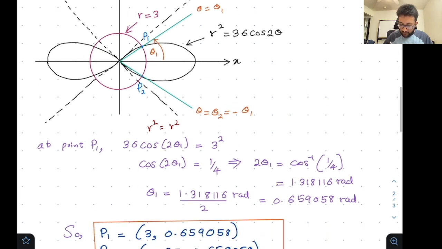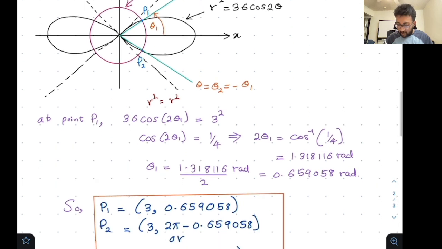So if I simplify, if I divide both sides by this 36, I'll get cosine 2 theta 1 as 1 divided by 4, right? So by taking the inverse function, 2 theta 1 is going to be equal to inverse cosine 1 divided by 4, right? So then if you simplify, you will get theta 1 as this angle, that is 0.659058 radians, right?